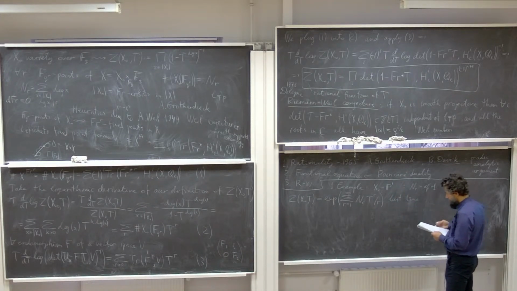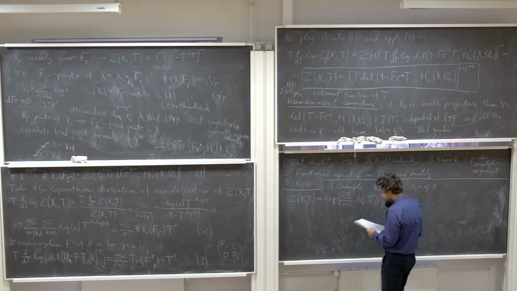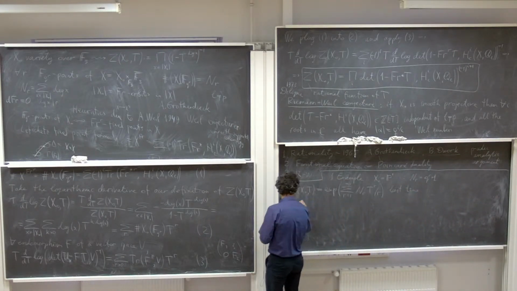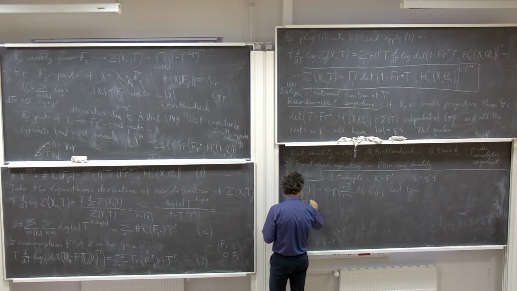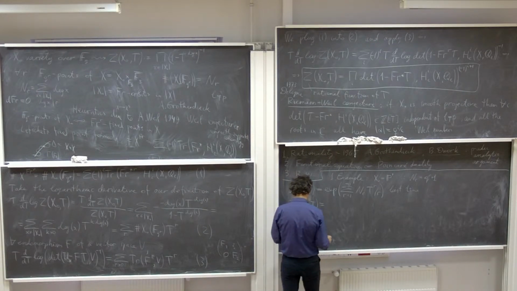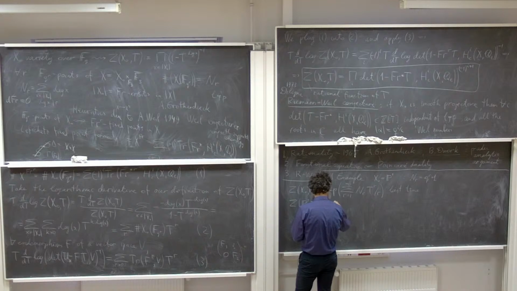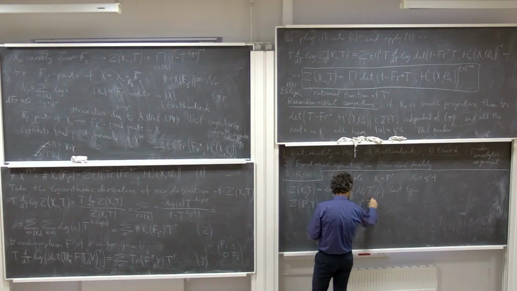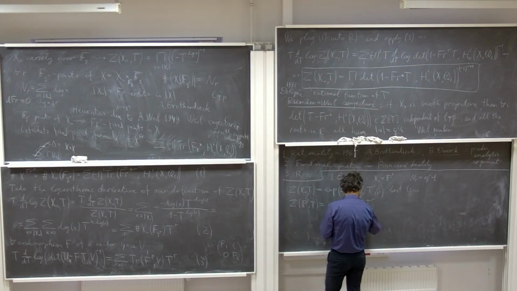And so let's apply this. What do we get? The exponential of the sum of q to the power r, t to the power r over r, plus t to the power r over r.